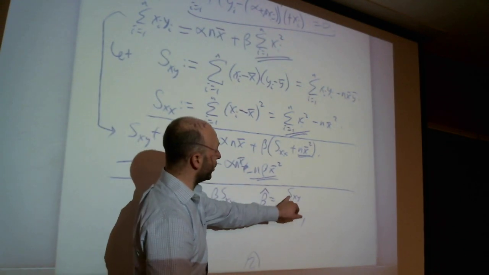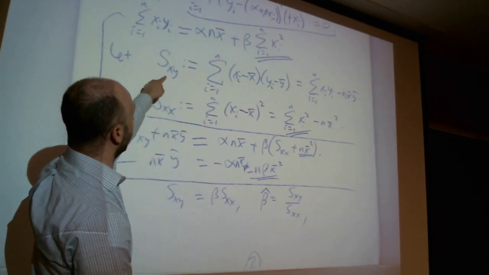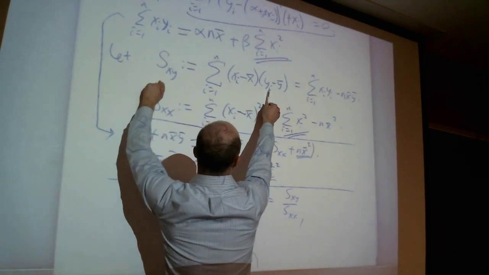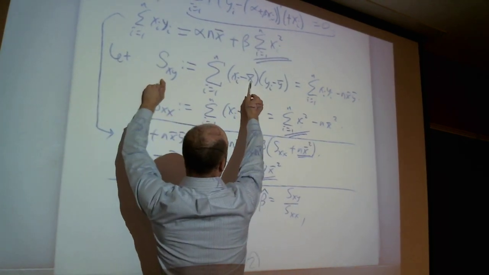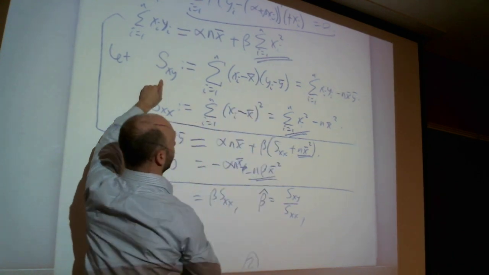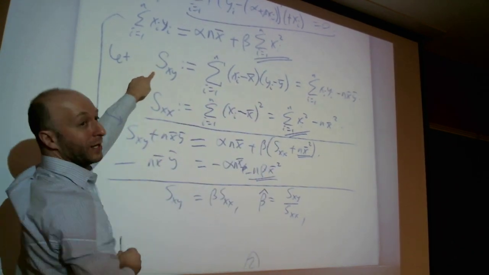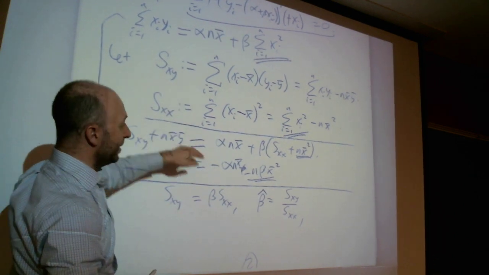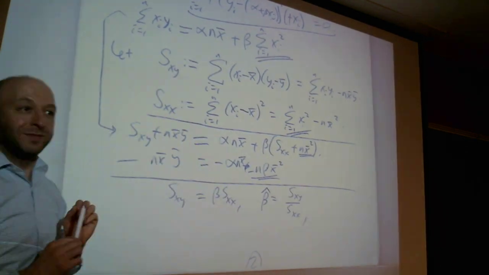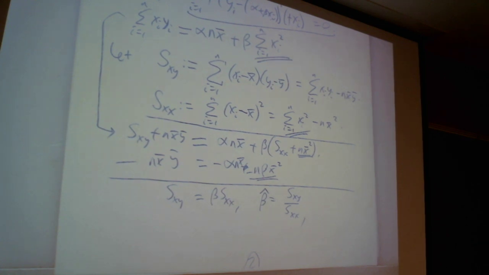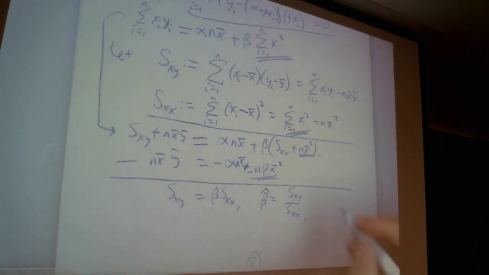Okay, this again is something you purely compute based on the outcome. I got a bunch of xi's and a bunch of yi's. From that I compute the average, x bar and y bar. So then I just plug everything in. I get a number for this. I get a number for this. That is the best slope. That's my beta. That's the best slope I can come up with.